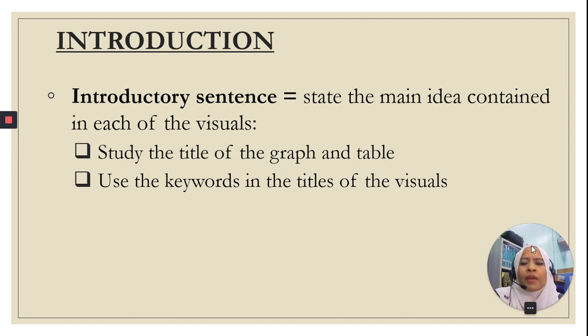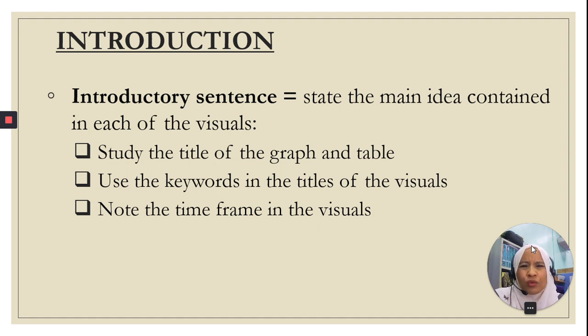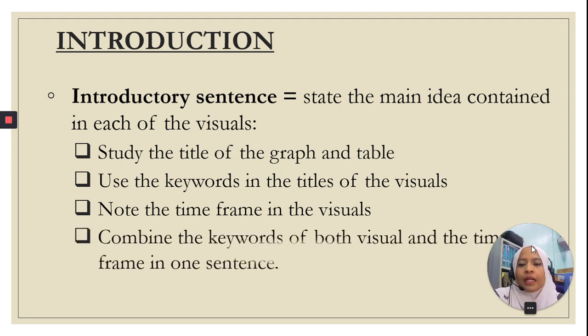Then, using the keywords in the titles of the visuals, you combine them into one sentence plus the time frame given in the visuals, if any is given. There are questions where no time frame was mentioned, so you can skip this part. Then combine the keywords of both visuals and the time frame into one sentence.